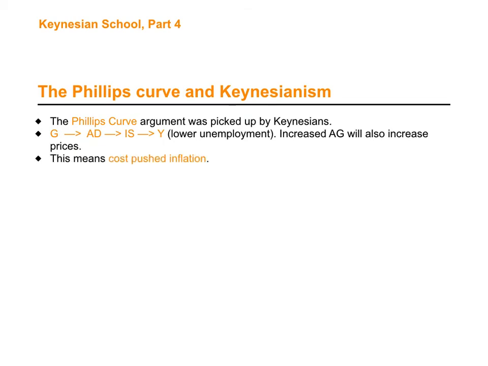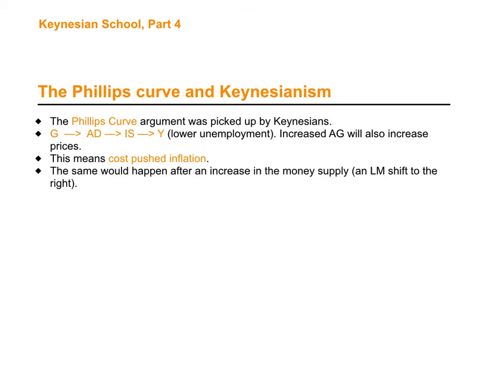So there we have the inverse relationship, lower unemployment and higher prices, using the Keynesian model. So this increase in prices is what we call cost push inflation, because there is an increase in money wages now. There are going to be higher prices for all the products in the economy. And the same analysis will happen if there is an increase in the money supply.